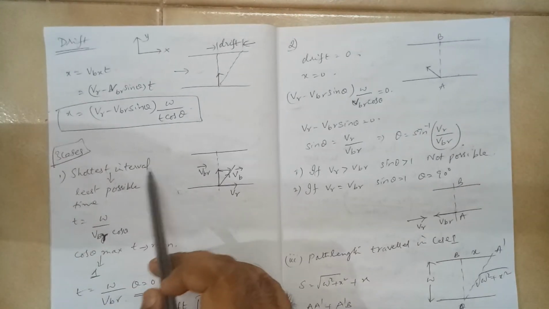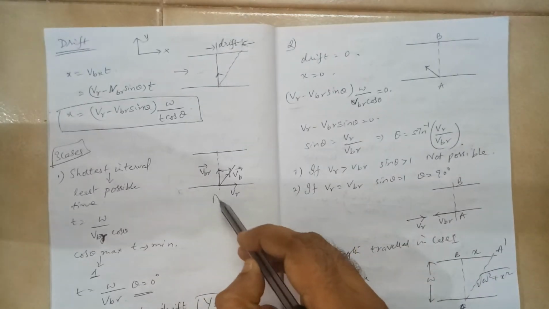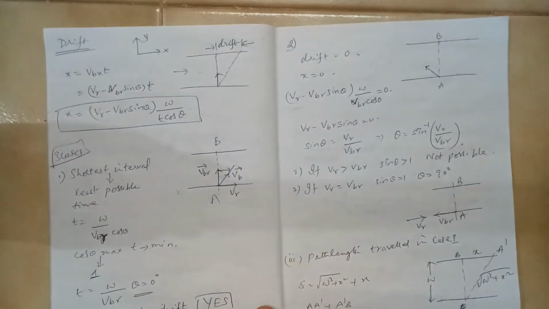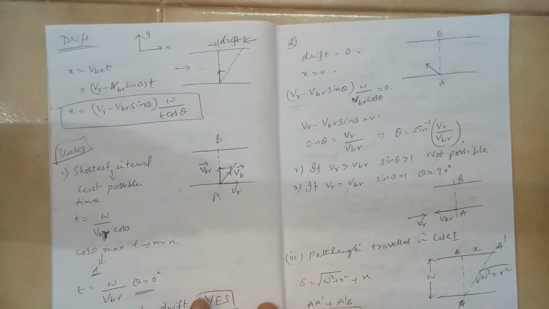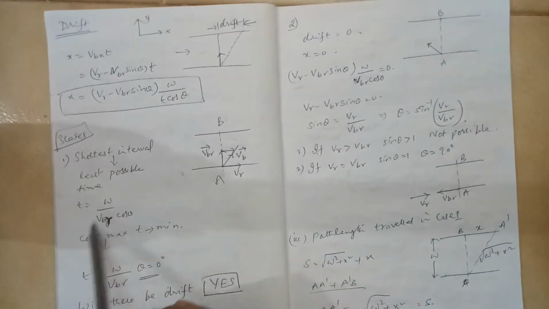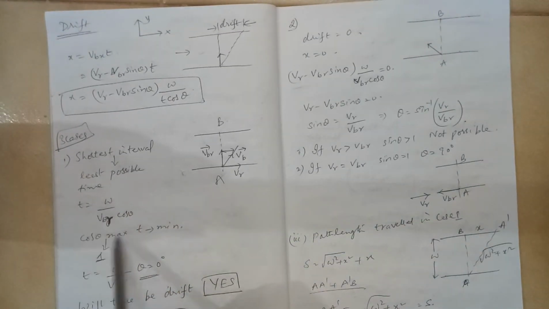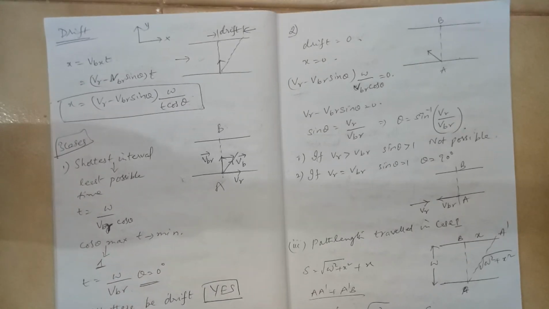Let us say we want to calculate the shortest time taken from point A to point B a person wants to reach. The condition is that the time taken should be the least possible. For the time we have developed this equation, T is equal to W by VBR cos theta. Cos theta value varies between 0 to 1.